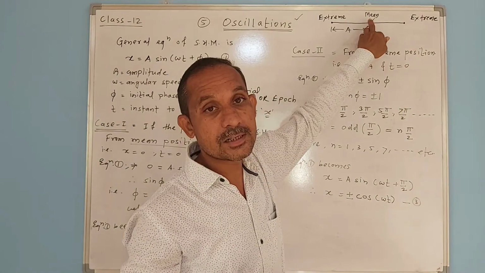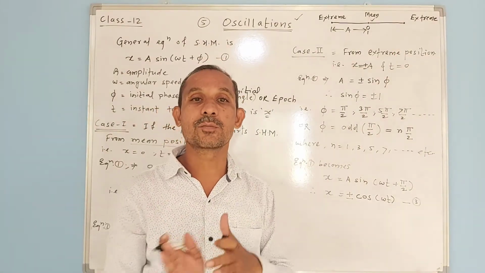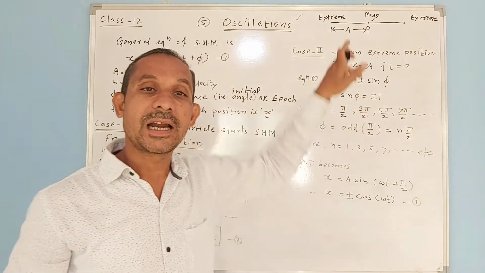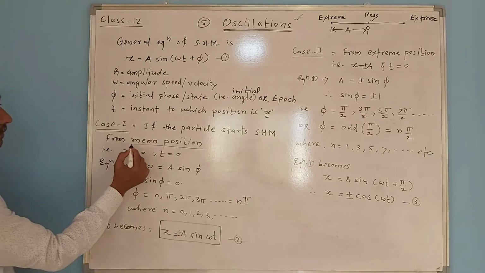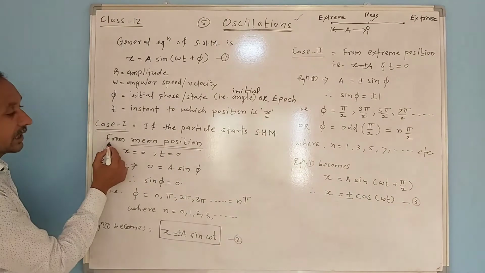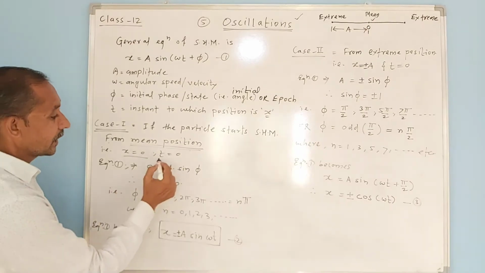And the displacement when the particle starts its motion from the mean position will be 0. So displacement will be 0 and time will be 0.